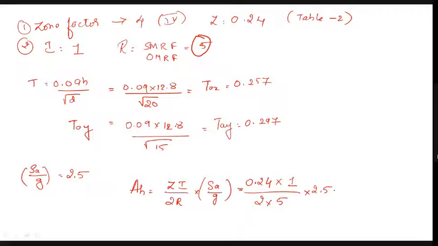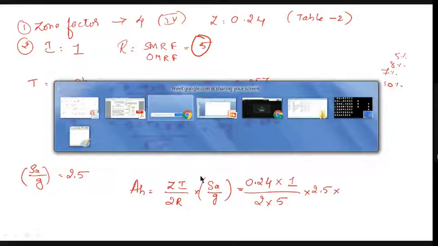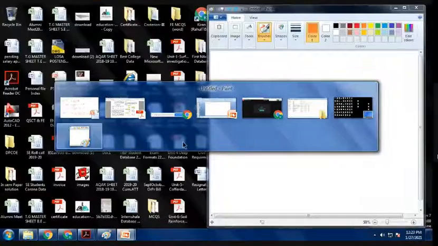Previously I said that if we give damping of 7%, 10%, 8%, 5%, whatever, then we have to go through the code book.